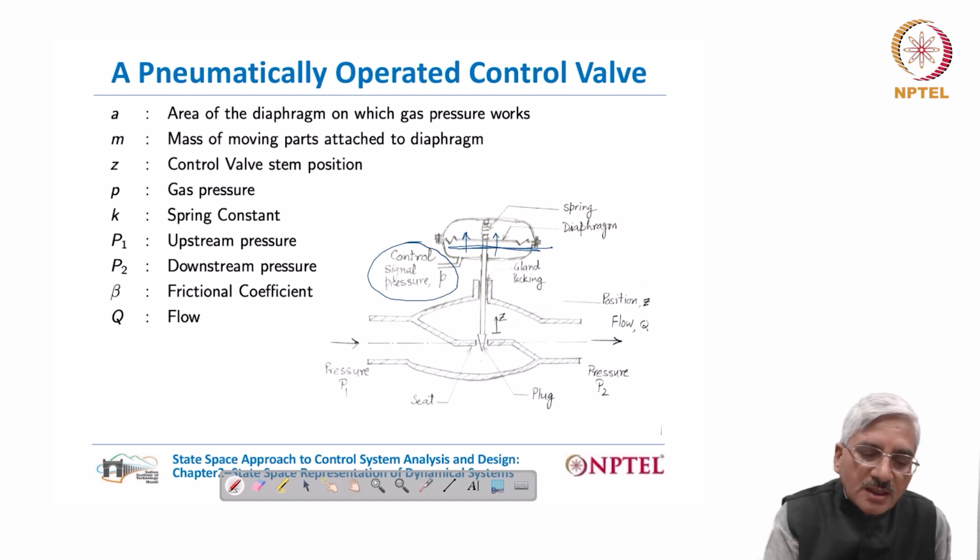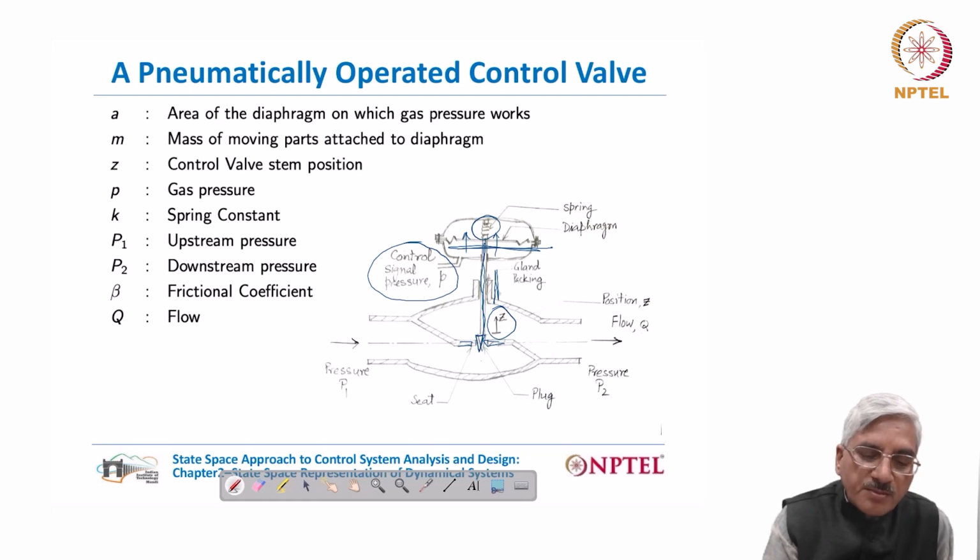This force is against the spring force, and also to that diaphragm attached is this valve stem, and to the valve stem attached is this valve plug, and this is the valve seat. So this application of air pressure on the diaphragm results into movement of stem up and down. So we have taken upward movement as positive.